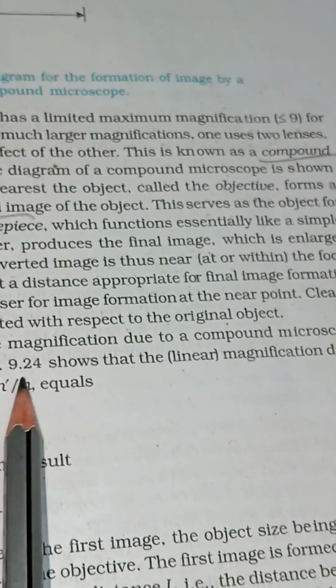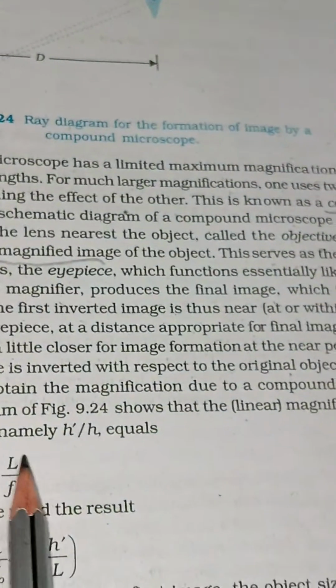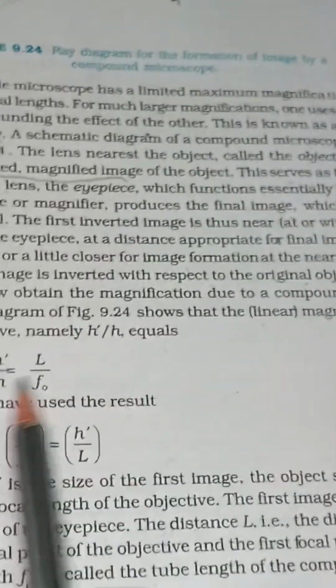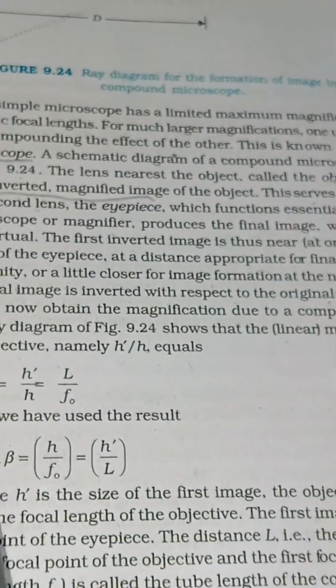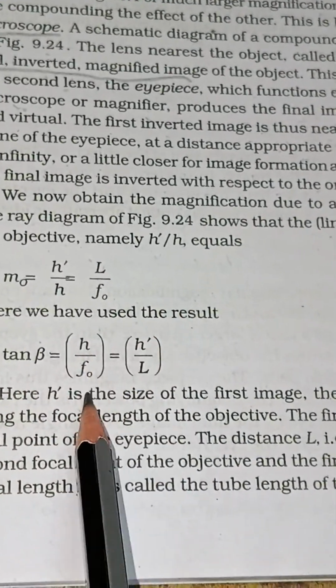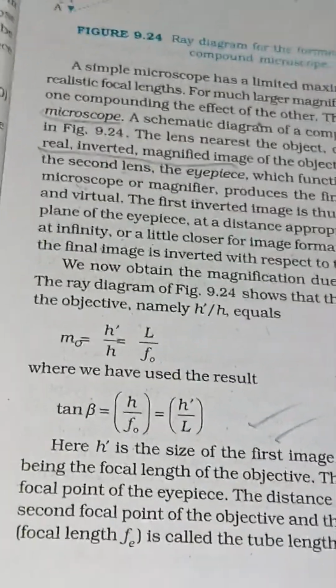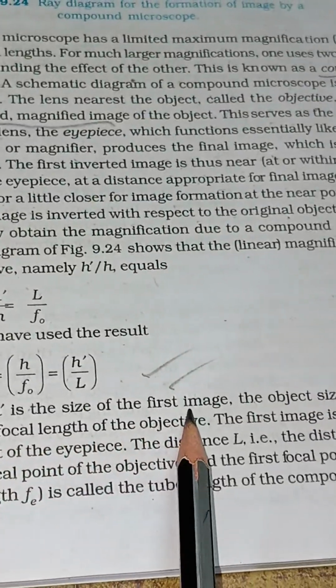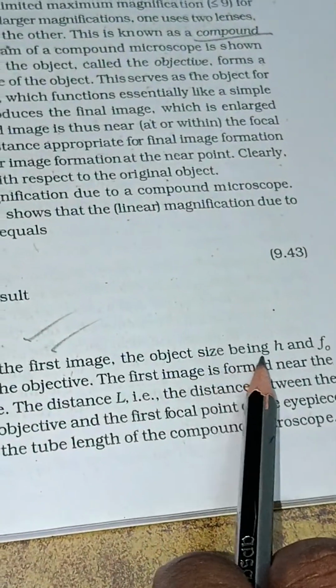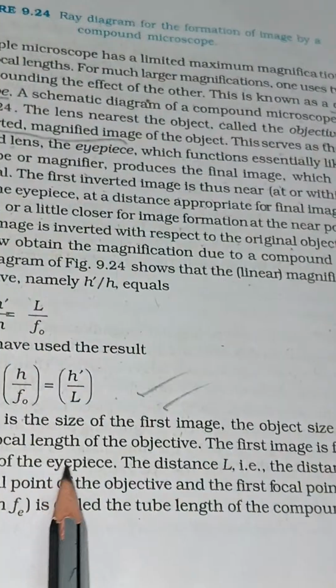From the ray diagram in this figure, the linear magnification due to the objective, namely h dash upon h, equals m0, h dash upon h is equal to L upon f0, where we have used the result tan beta equal to h upon f0 equal to h dash upon L. Here h dash is the size of the first image, the object size being h, and f0 being the focal length of the objective.